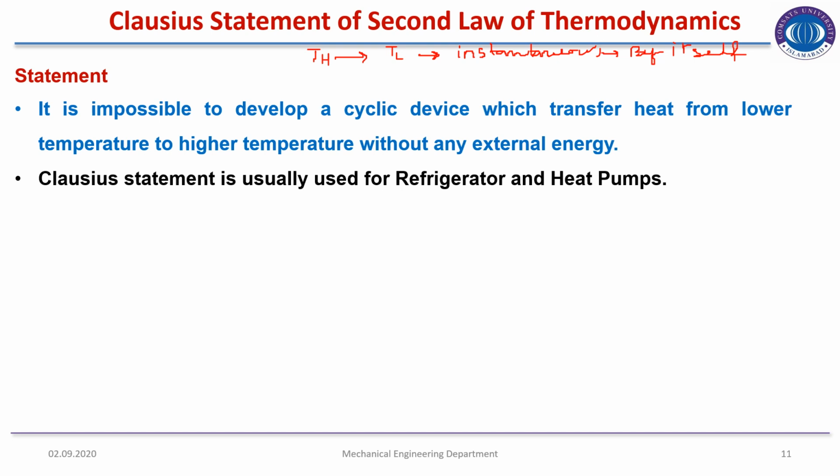So you don't have to supply any form of energy to direct heat or release heat from higher temperature to lower temperature. But if you want heat that is at low temperature, let's suppose 10 degrees centigrade, to move to some higher temperature, let's suppose 25 degrees centigrade, then you will have to supply heat energy.